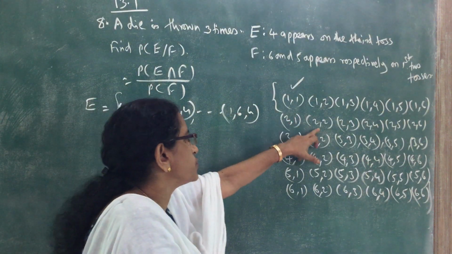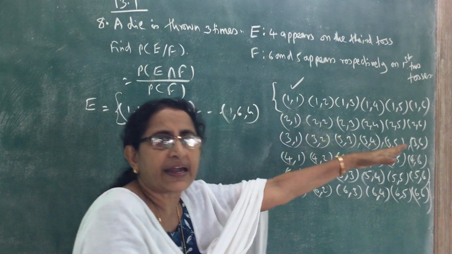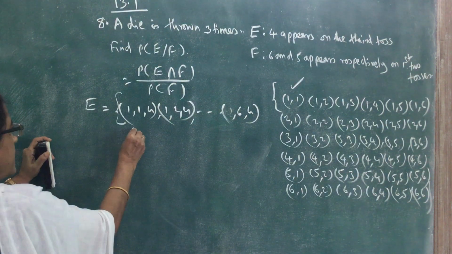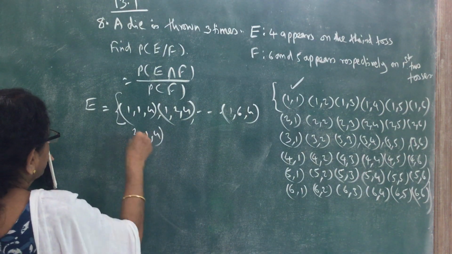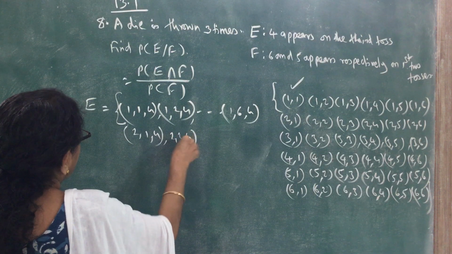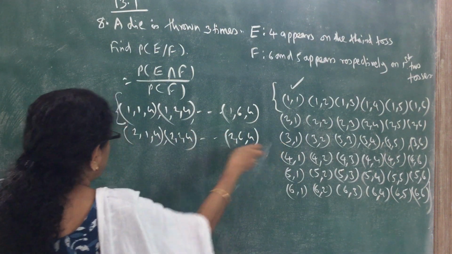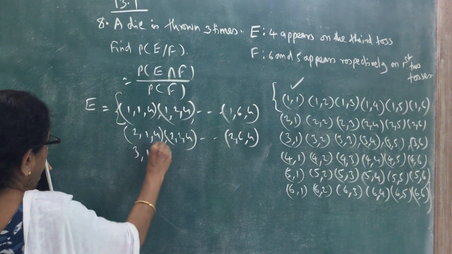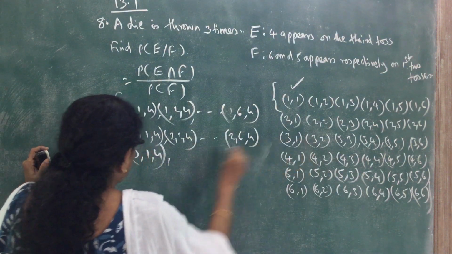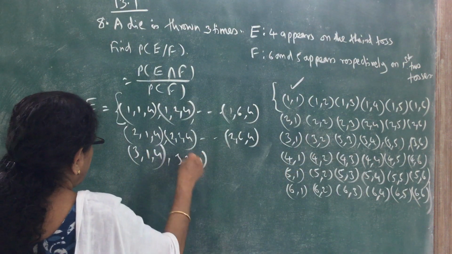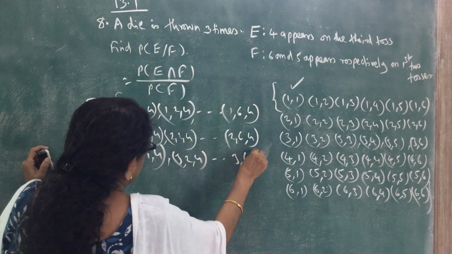2, 1, 4, 2, 2, 4, 2, 3, 4. Like that, etc., we can write 2, 6, 4. Then 3, 1, 4, 3, 2, 4, etc., 3, 6, 4.